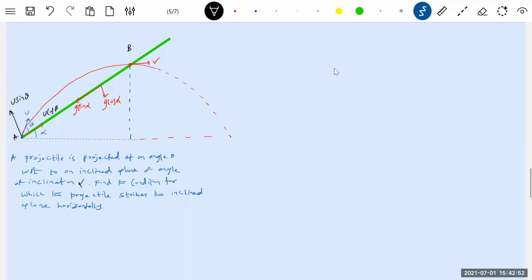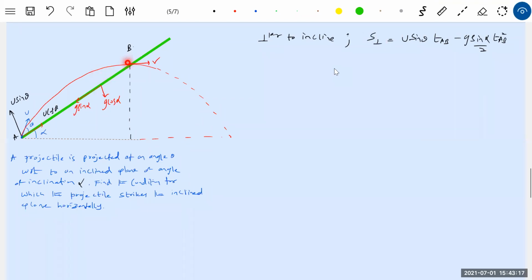Then perpendicular to incline, net displacement perpendicular to incline is equal to u sin theta times the time taken to move from A to B, minus g cos alpha by 2 times the time taken to move from A to B squared. So what is the displacement perpendicular to incline? It should be 0 when it moves from A to B. Perpendicular to incline, we are discussing from A to B.